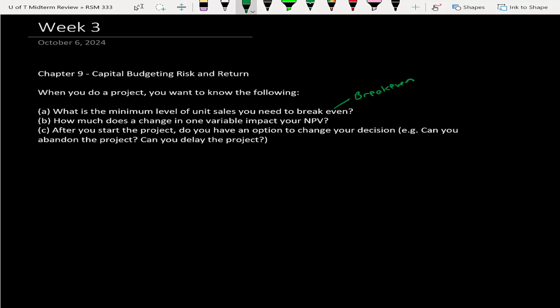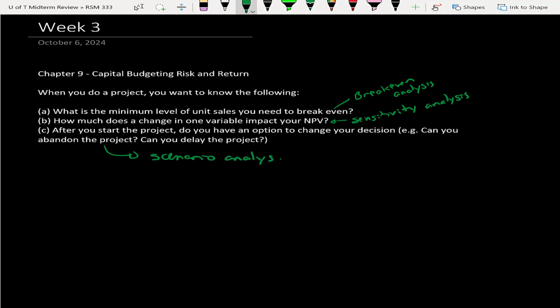The first one is called a break-even analysis, and we will do that with accounting break-even and NPV. The second one is called the sensitivity analysis. That will determine how much a change impacts your NPV. And the third one is scenario analysis.